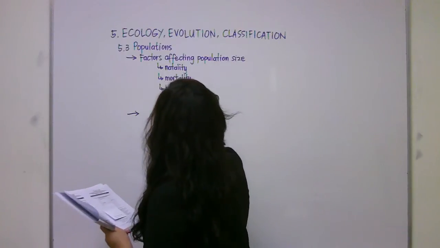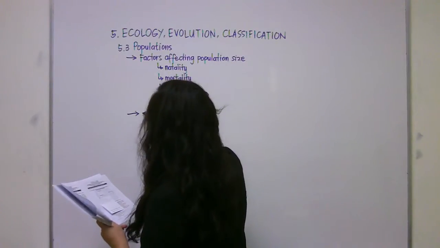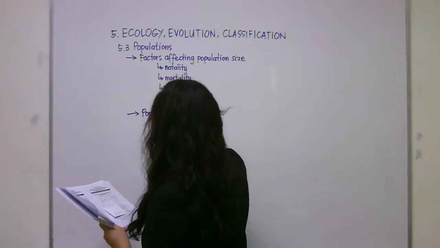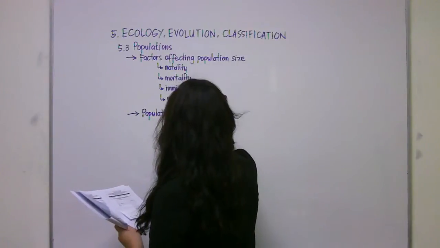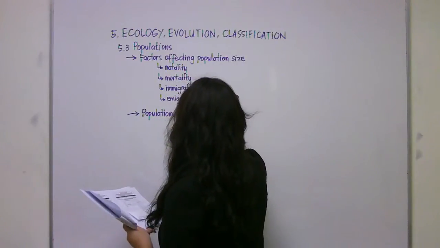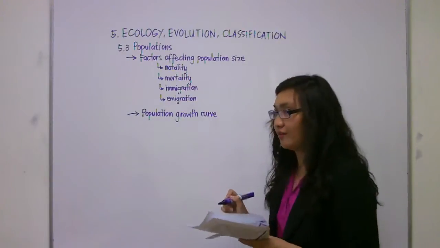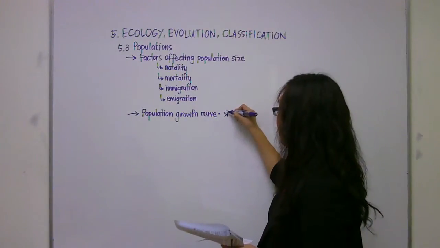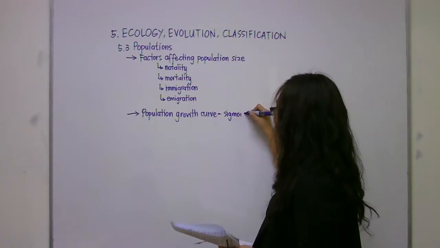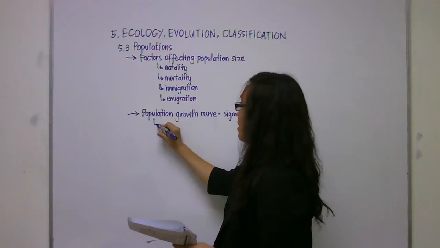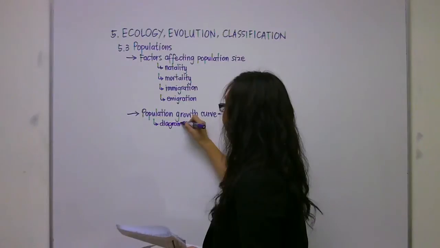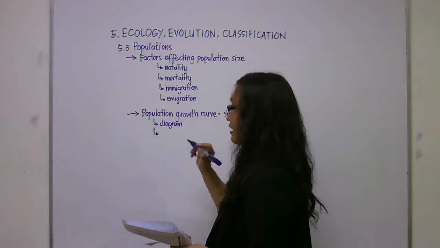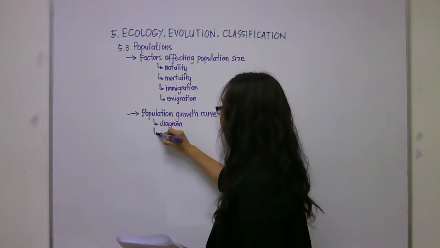Right after identifying the factors, we have to discuss the population growth curve. We should always indicate that the population growth curve is a sigmoid curve, or S curve, because of certain factors. First we have to provide a diagram for the population growth curve, and label the parts.